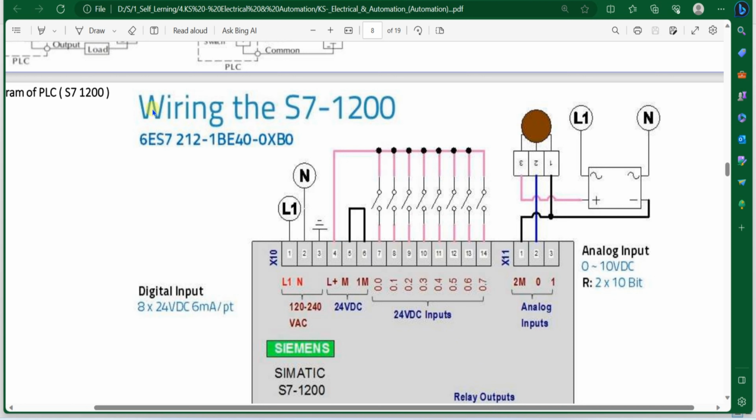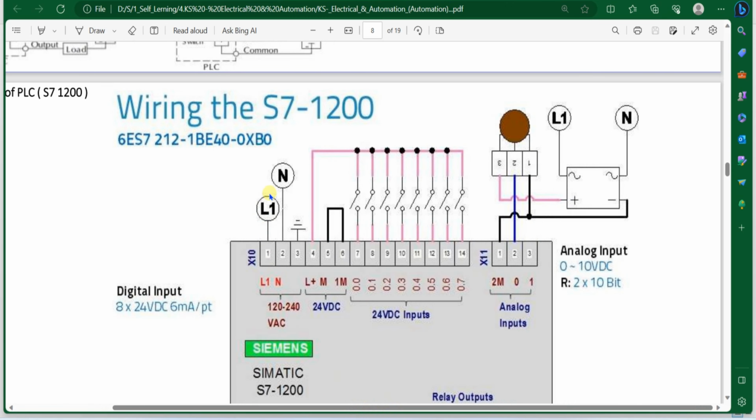In the wiring of the S7 1200 PLC, there is line and neutral. The S7 1200 PLC requires a 120 to 240 volt supply, 120 to 240 VAC.